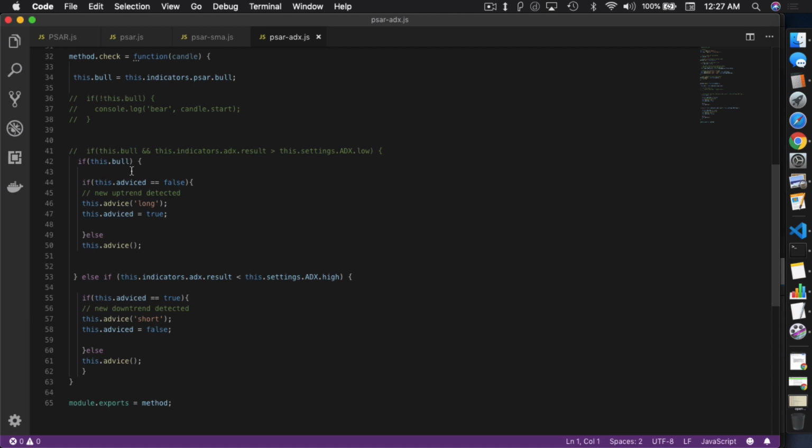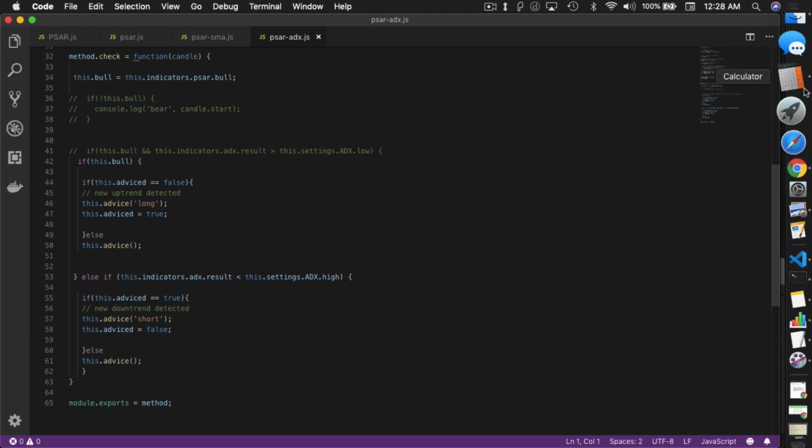Actually, the PSAR indicator is above the price at this point. So if it's above the price, we use the ADX to check if it is a strong trend, meaning this is not a fake out where it goes down a little bit and comes right back up, because that can sometimes happen. So I'm using the ADX for that particular purpose.